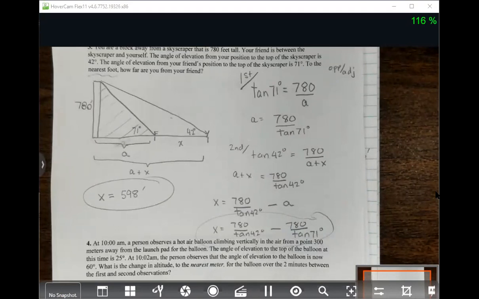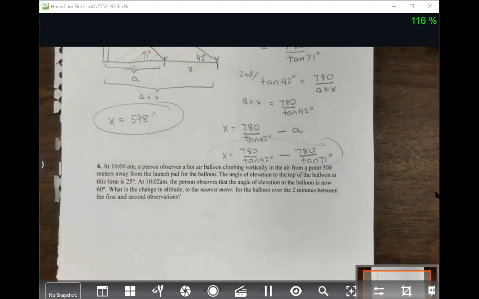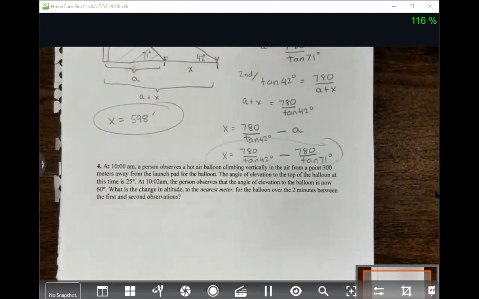Any questions on any of that so far? Okay, we got another one. At 10 a.m., a person observes a hot air balloon climbing vertically in the air from a point 300 meters away from the launch pad of the balloon.